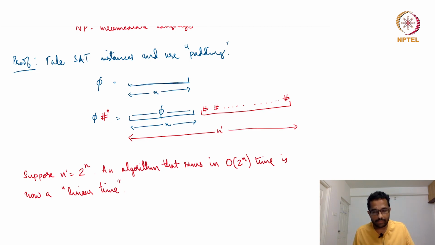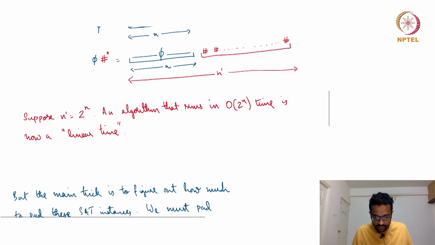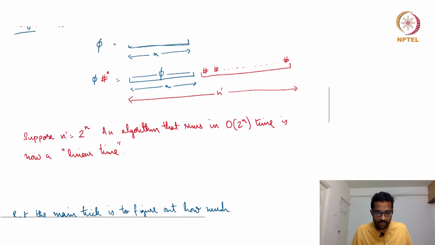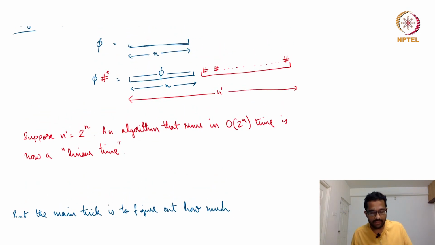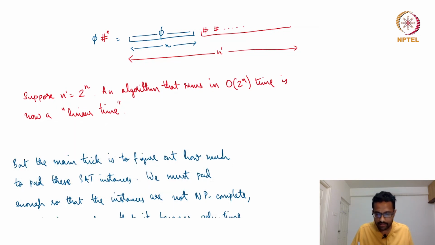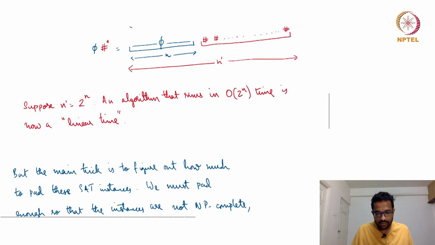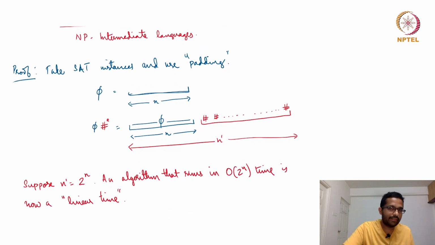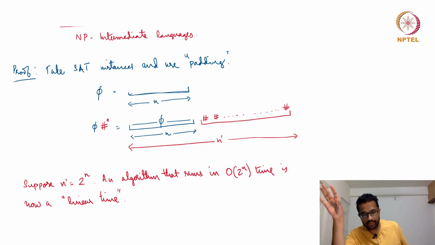From exponential time we went to linear time, which is polynomial time as well. So you saw how to go from exponential to linear time. Now the same trick is used in the proof of Ladner's theorem as well. It takes SAT and adds a bunch of hashes to the end of SAT and tries to make it easy.